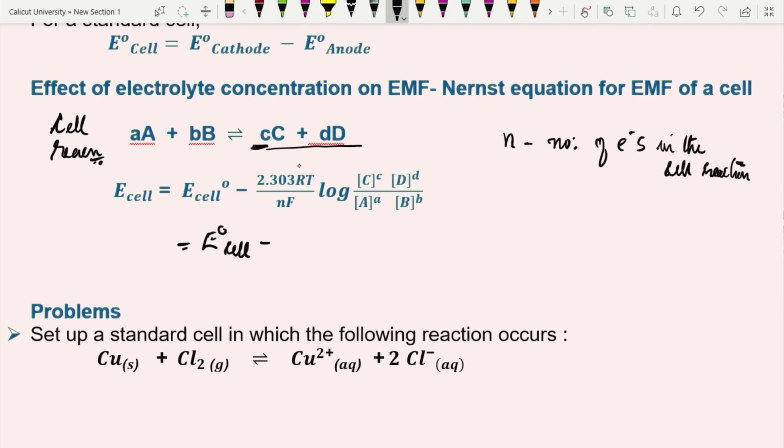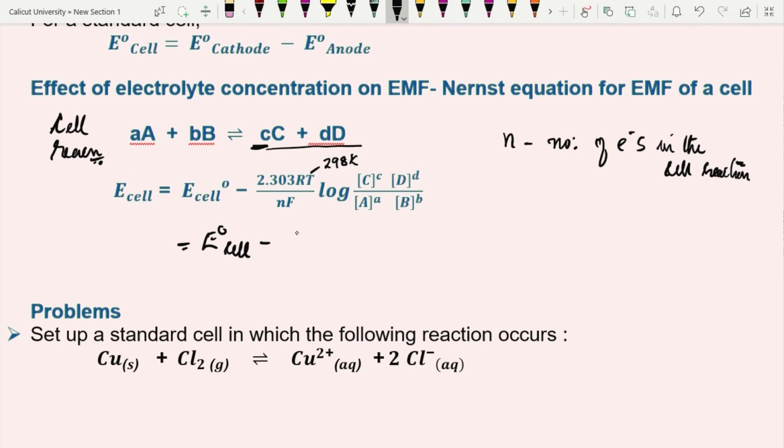Again, we can modify this as E naught of cell minus 2.303, which is a constant, R is the gas constant, T if it is 298 Kelvin, and Faraday is also a constant.